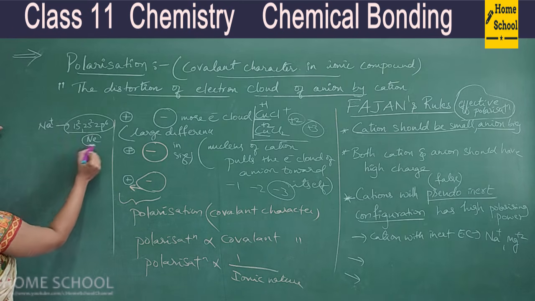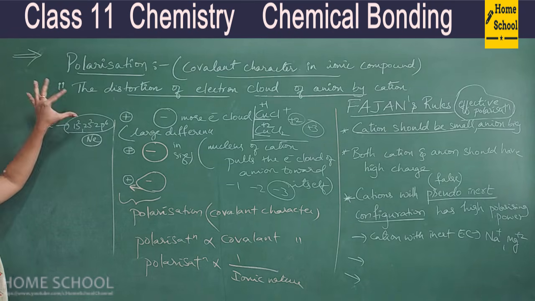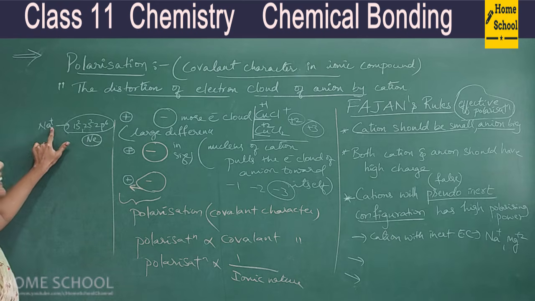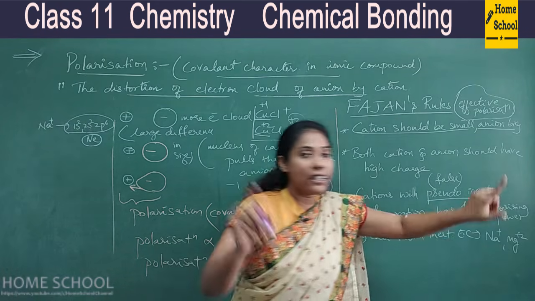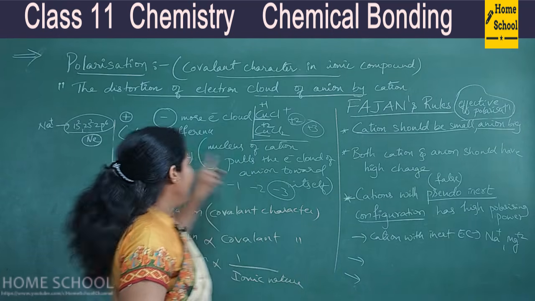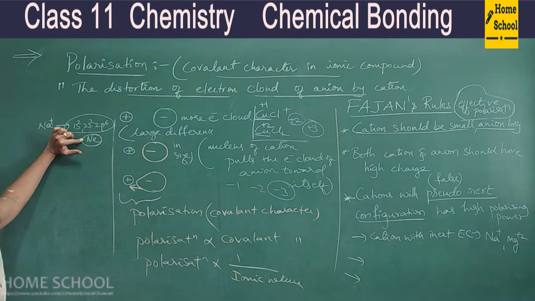This is the electronic configuration of neon. So Na+ is actually showing the exact electronic configuration as that of neon. So that is why Na+ is called a cation with inert electronic configuration. Inert, not pseudo. Inert, exact. Na+ electronic configuration is exactly similar to the inert gas.